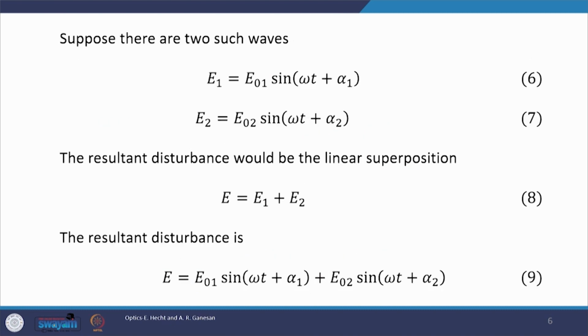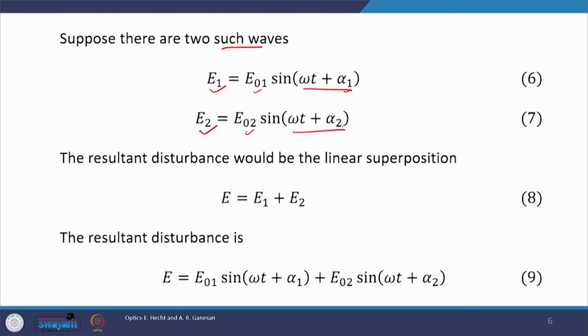Now, suppose there are two such waves. The first one is represented by E1 and the second one by E2. E1 is given by E naught 1 sin(omega t plus alpha 1), and E2 is given by E naught 2 sin(omega t plus alpha 2), where E naught 1 and E naught 2 are the amplitudes of these waves, and the phase parts are given here.